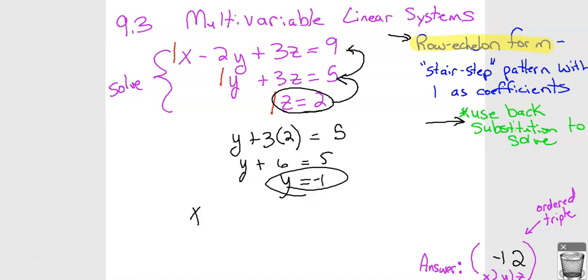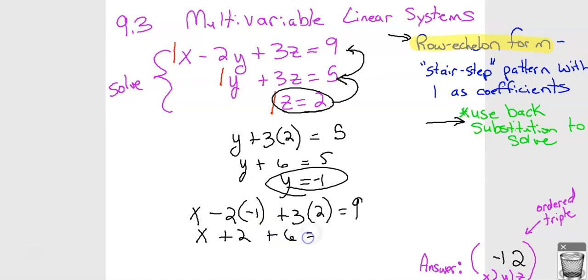So take the first equation: x minus 2 times y plus 3 times z equals 9. So that's x plus 2 plus 6 equals 9. x plus 8 equals 9, which means x equals 1. So my ordered triple is 1 for x, -1 for y, and 2 for z. You write it just like an ordered pair: you write the ordered triple x, y, then z.